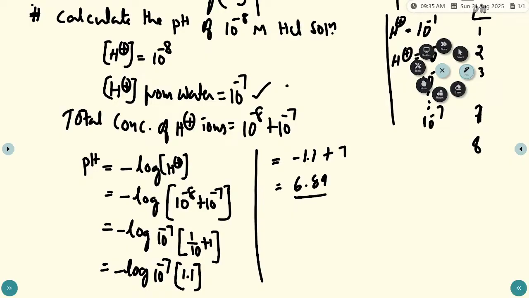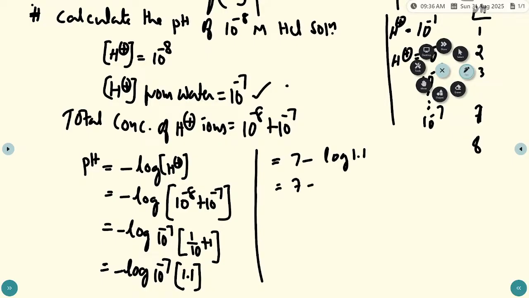Next comes the ionic product of water. So it comes as 7 minus log 1.1.